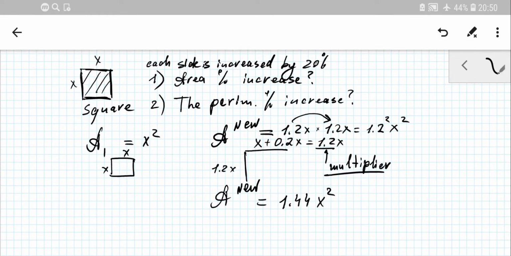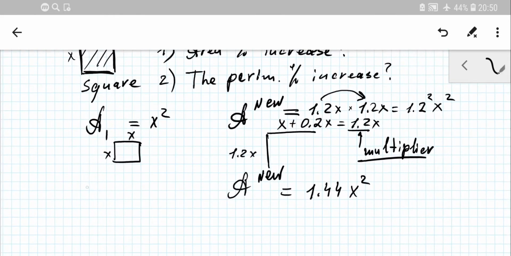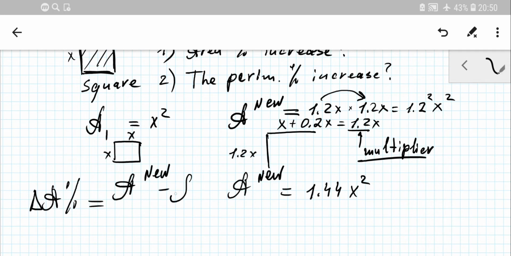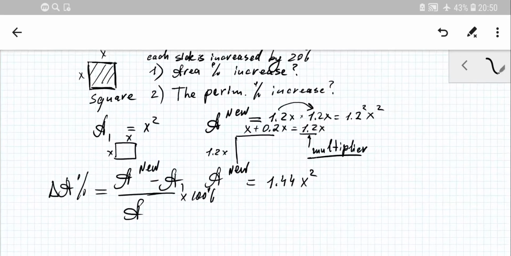So area percentage increase, by definition, any percentage increase, so the change in area as a percentage: you take the new value, you subtract your previous value, A1, and you divide by the previous value. The result, you multiply by 100%. That's how it can be worked out.